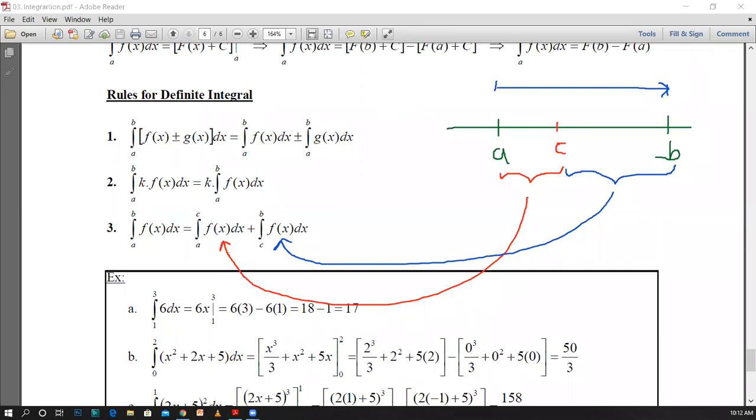Okay, now we will see some calculations regarding the definite integral. But prior to these calculations, I would like to mention that we need to apply the concepts that we have used under the indefinite integral prior to applying these limits.